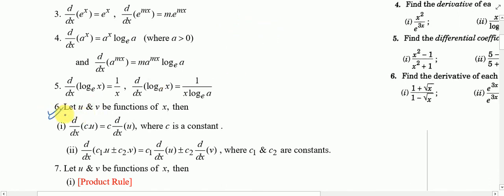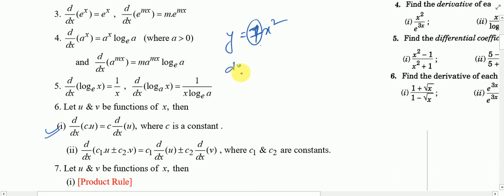See the sixth one. Here suppose that u and v are functions of x. The first one that I have written over here is this. Let's say you have a function y equal to 7x square. You can see that this is a function of x, where this is the constant.